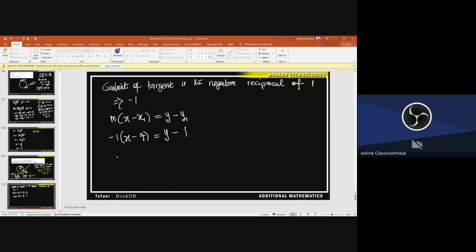Okay, so open the bracket, we have minus x plus 4 is equal to y minus 1. Collecting like terms, we have 4 plus 1 is equal to y. So the equation is y is equal to 5 minus x, or minus x plus 5, whichever way you want to write it. That will be the equation of the tangent.